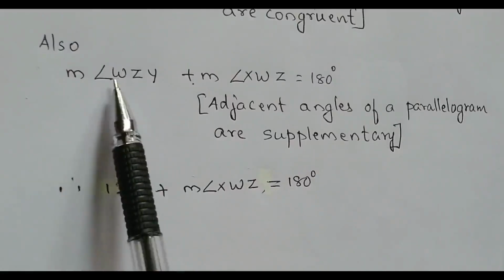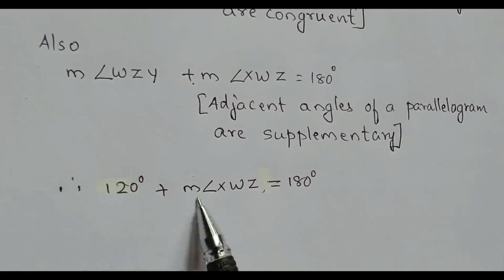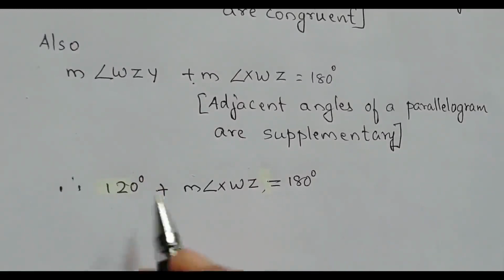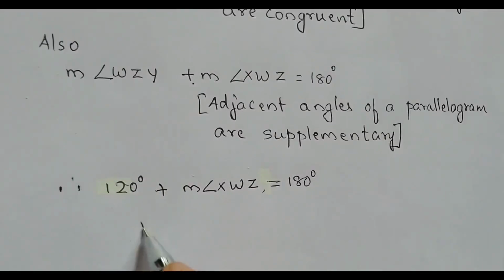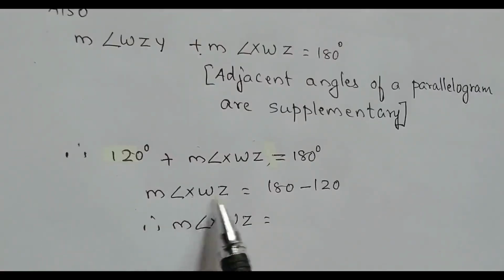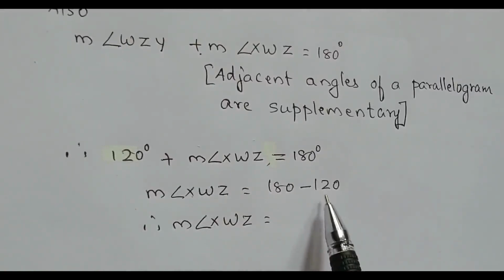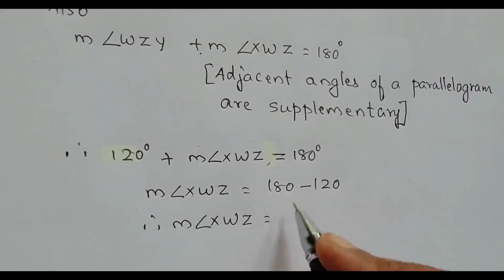Substituting the measure of angle WZY, we get 120 plus measure angle XWZ is 180 degrees. Therefore, we get measure angle XWZ is 180 minus 120 degrees. Therefore, measure angle XWZ is 60 degrees.